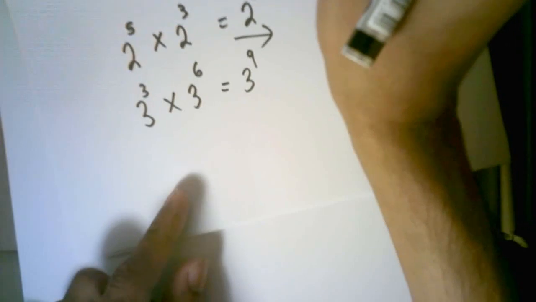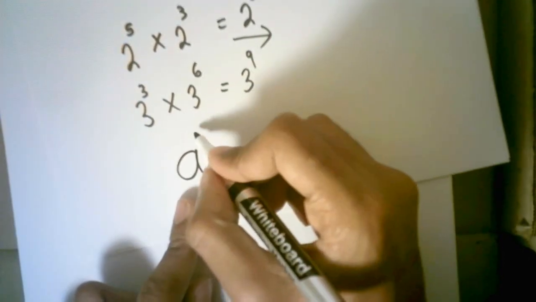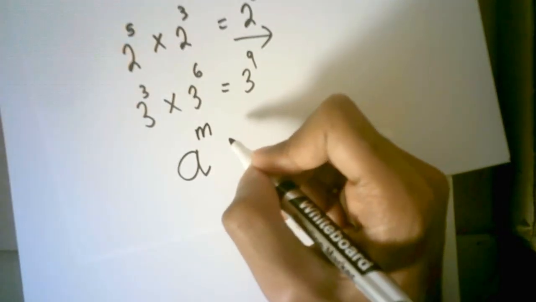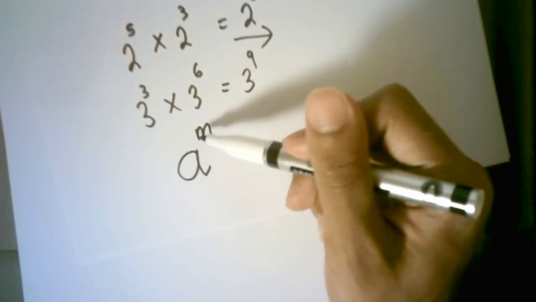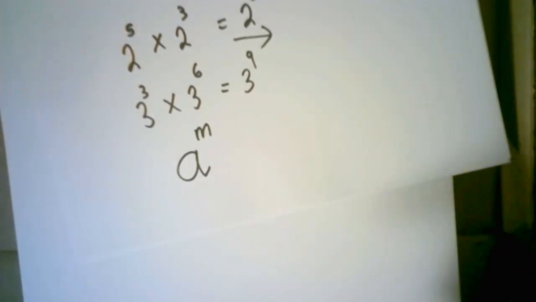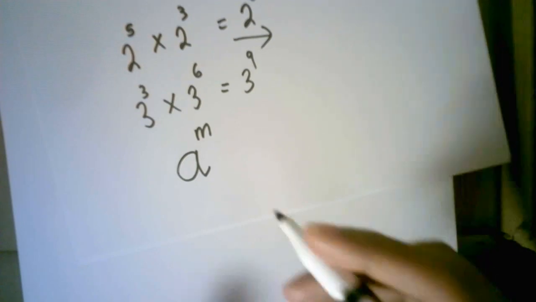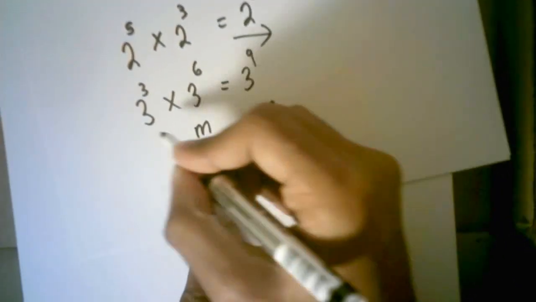So if I have a, which is any real variable, raised to the power of m, which is any real variable as well, I hope that a and m are both not 0, because 0 raised to the power of 0 is undefined, right? Multiplied by a raised to the power of n.